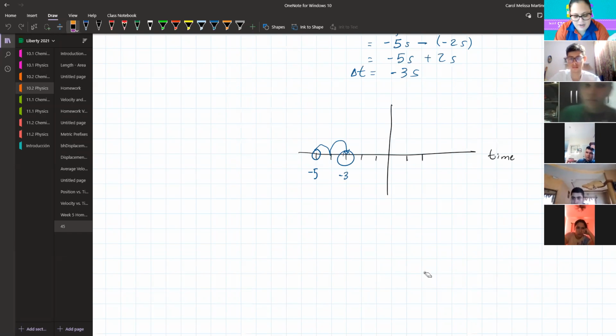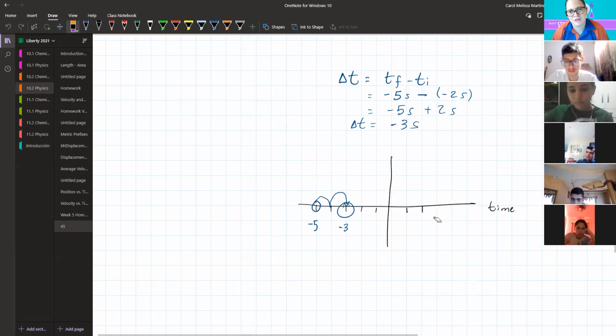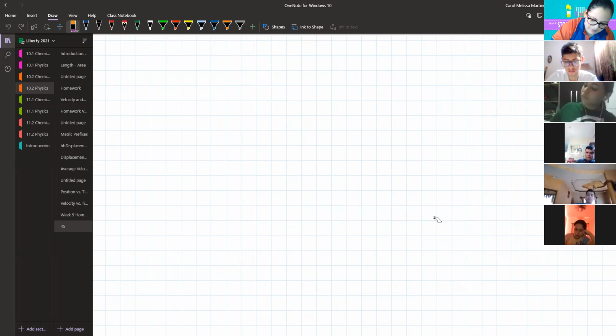I apply it for time, but call it temperature for -5 Celsius to -2 Celsius, something like that. It doesn't need to be precise. Call it velocity then.